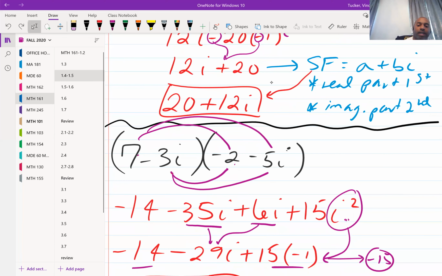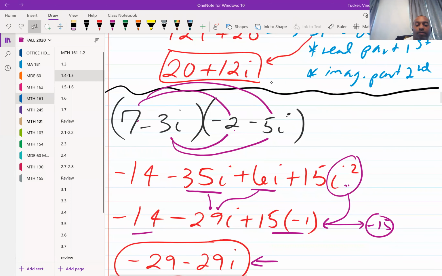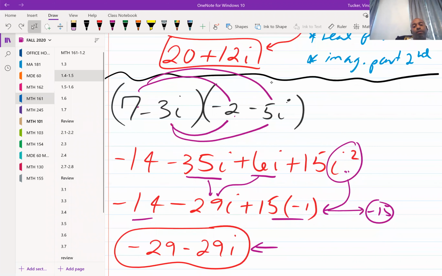And then don't forget that i squared is going to be -1 for us. So 15 times -1 is -15. So we finish off by combining our like terms, -14 and -15. It's -29 minus 29i.